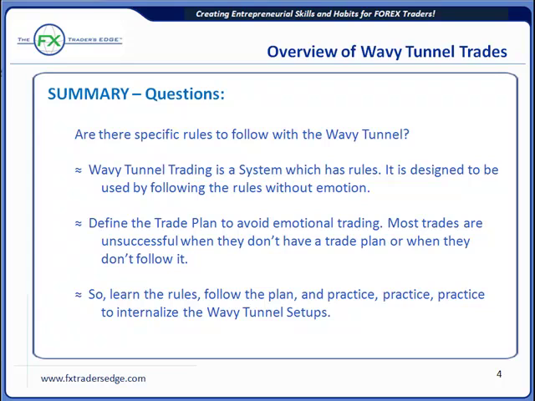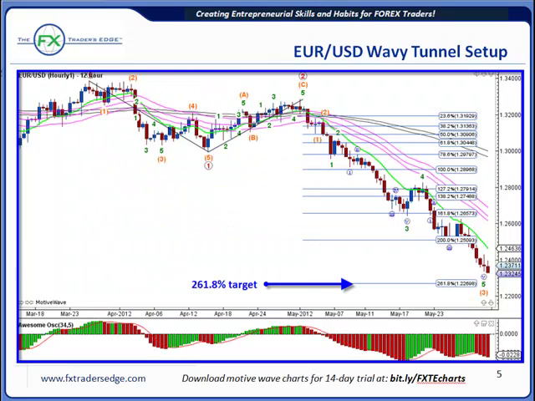Now let's look at the EURUSD. This is a 12-hour EURUSD chart. Now first let's look at the wave count. You see that we're in a wave 3. We're in a wave 3, and let's just look at some projections. This is the initial wave 1 and the wave 2.